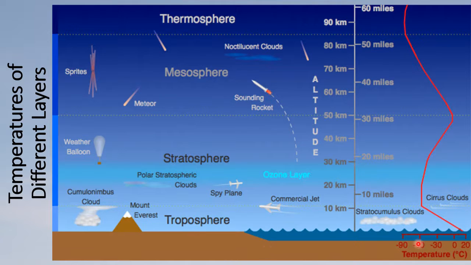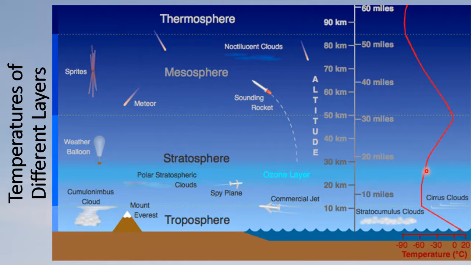So to go over, and we can see over here, this is where it's going to show our temperature. Our troposphere, the temperature starting at about 20 degrees Celsius, is going to drop until about -60 degrees Celsius when we reach our tropopause. Then our temperature is going to increase.